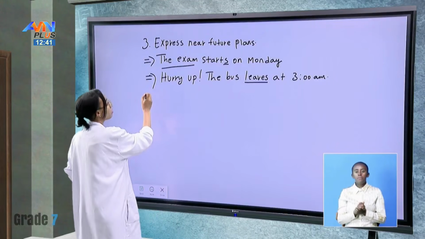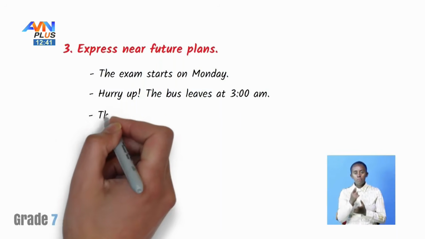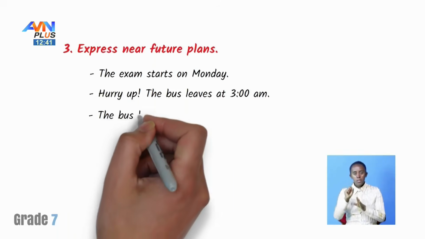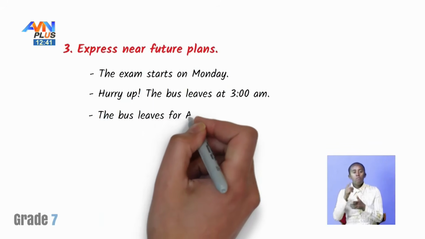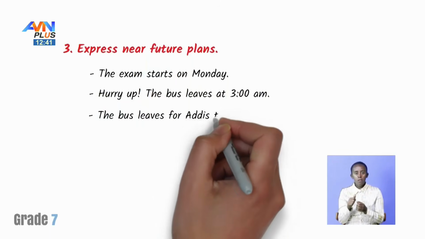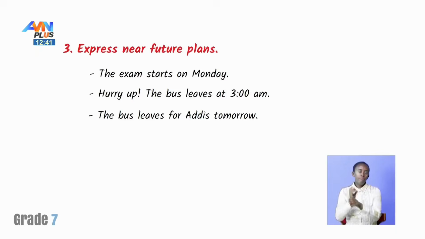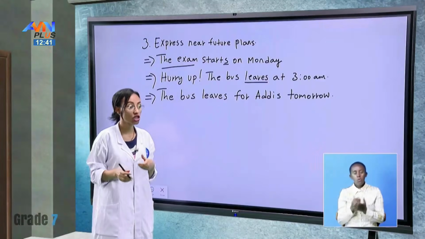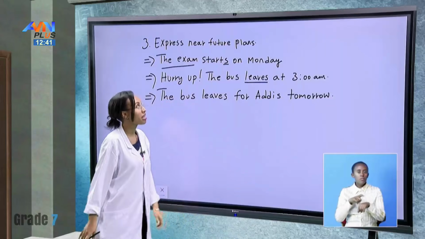Okay. Another example that we could give is the bus leaves for Addis tomorrow. Again, this is an action that happens the next day, but it is what?